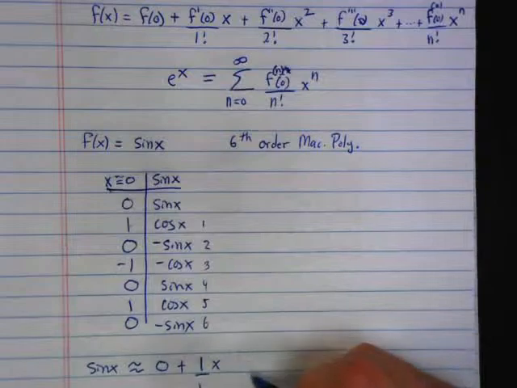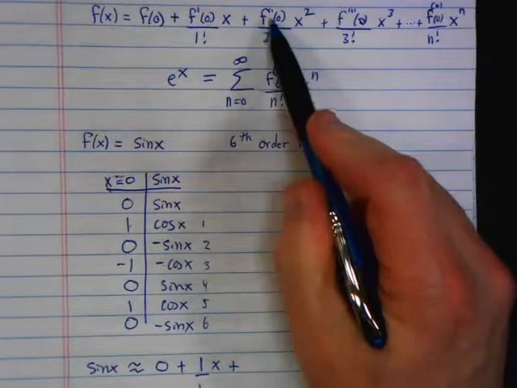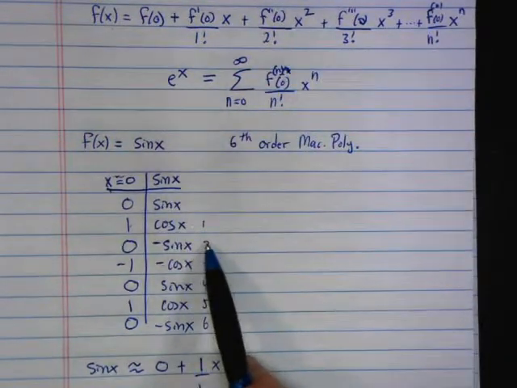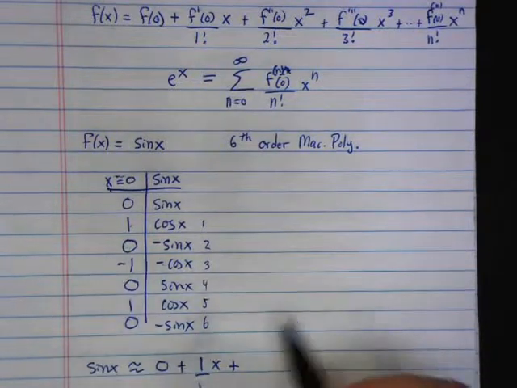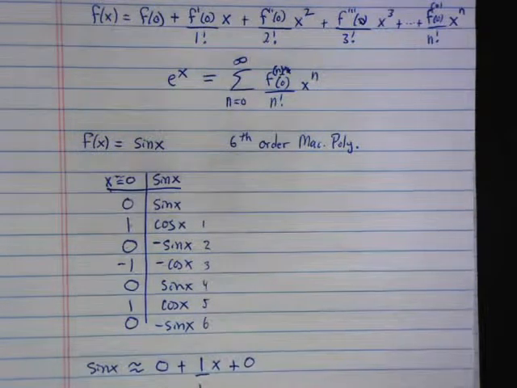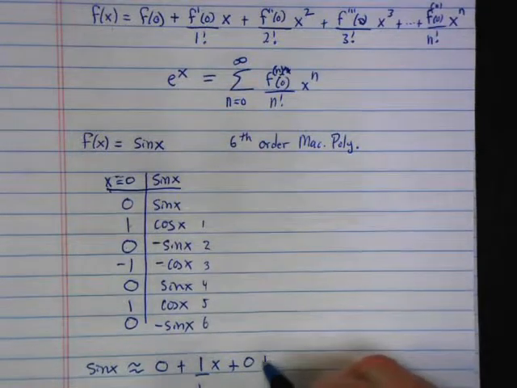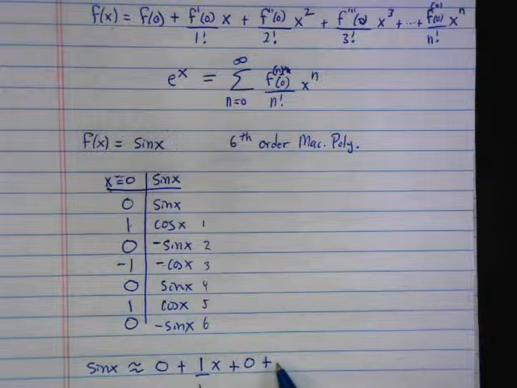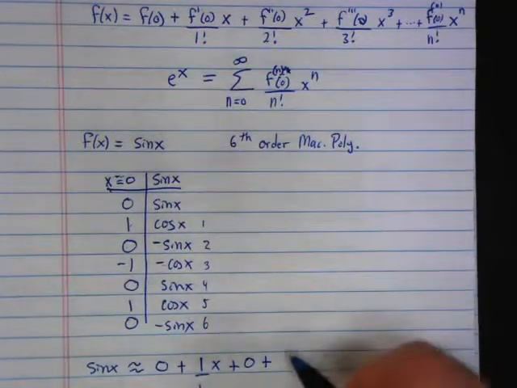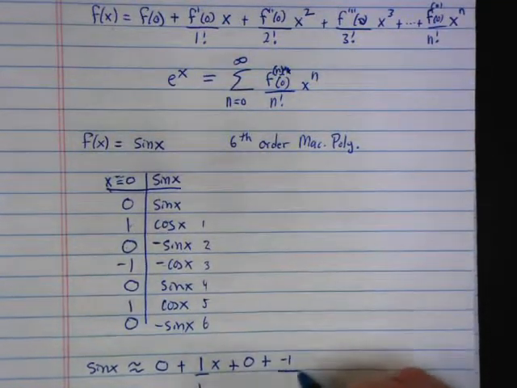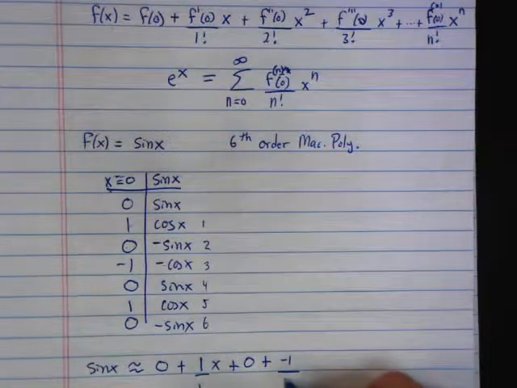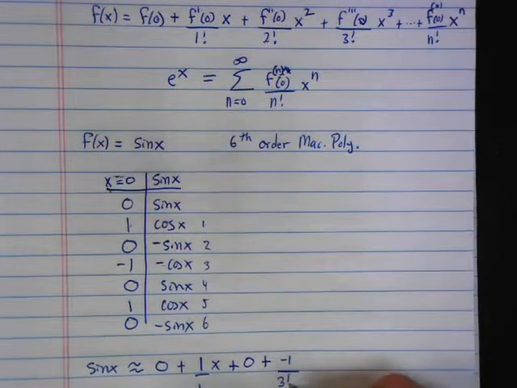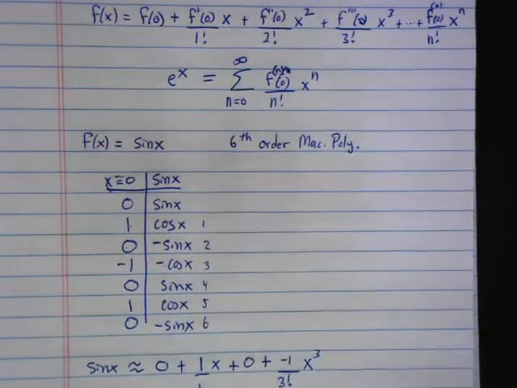Times x. Plus, what's f double prime at 0? 0. So I don't need to bother with the rest of it, do I? 0 times anything is 0. Plus, what's the third derivative at 0? So I'm going to have negative 1 divided by 3 factorial x cubed.